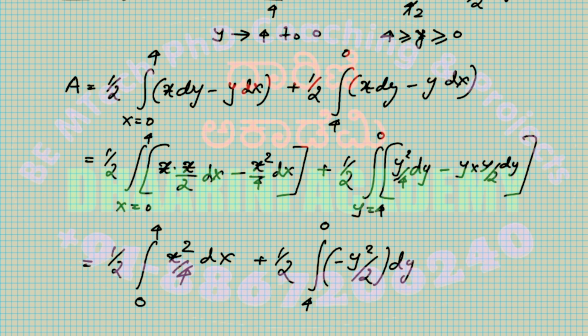Y square by 2, y square by 4. Because subtracting a larger number from the smaller number, right? So minus of y square by 4. Is it right? Just check once. 0 to, yeah, okay.